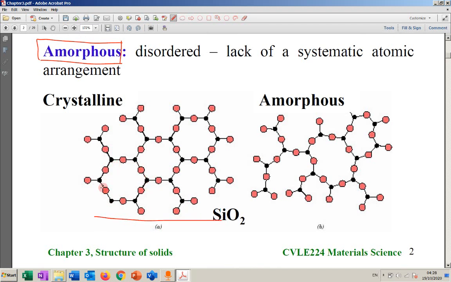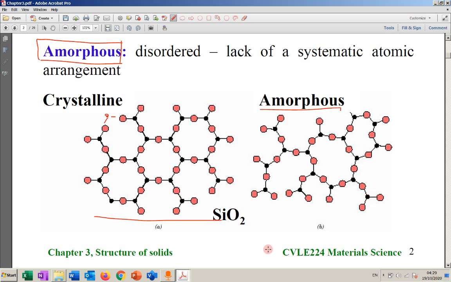Look at the arrangement, this is repeating itself, all of them, in a repetitive manner. If you continue, take another, it's going to continue with the same arrangement. However, non-crystalline, which is called amorphous, look at them, you cannot see the pattern in which those atoms arrange themselves.